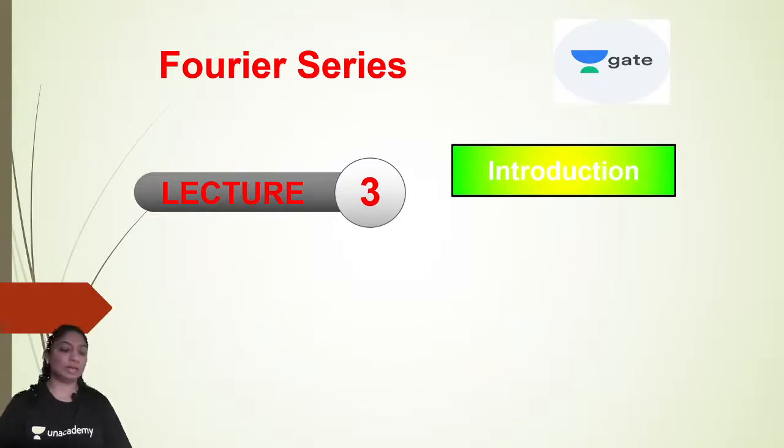Today we are going to see our next lecture on Fourier series. In the last lecture we saw how to find the Fourier series: the full range Fourier series in the interval 0 to 2 pi, in the interval 0 to 2l, in the interval minus pi to pi, and also for even and odd functions.